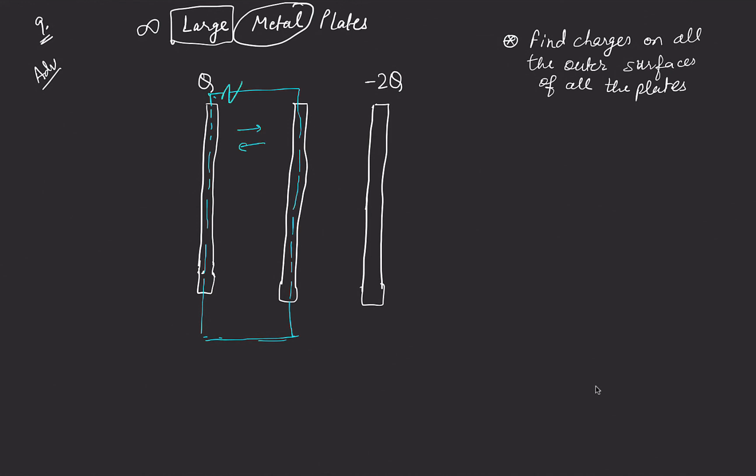So the electric flux through this and this would be 0. But we know that the electric field inside the conductor is 0. So here the electric field is 0. Therefore the electric flux through this plane and this plane should also be 0.